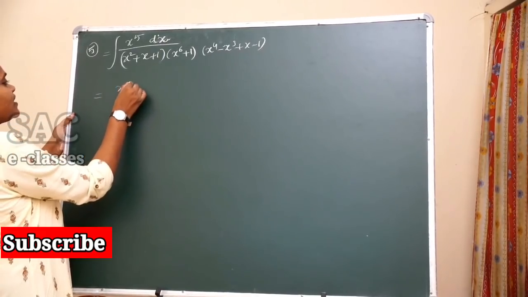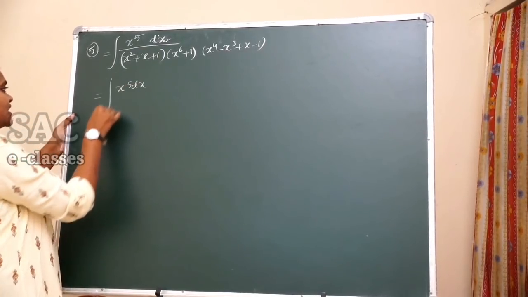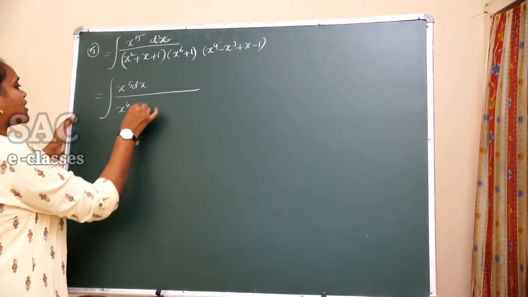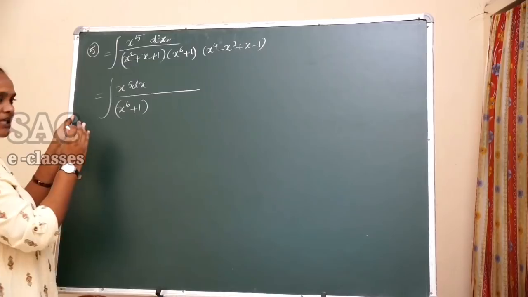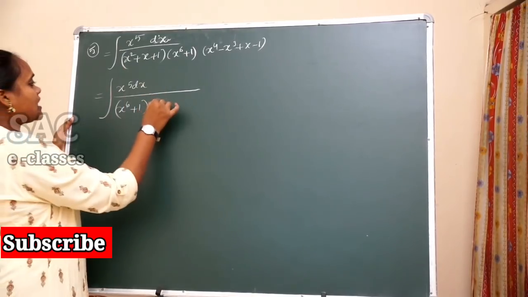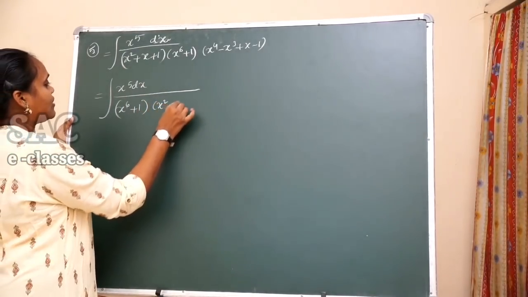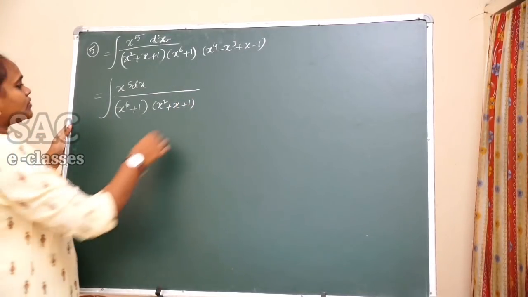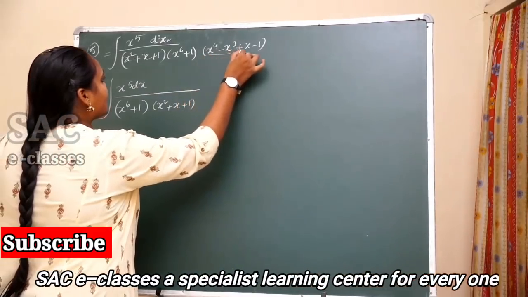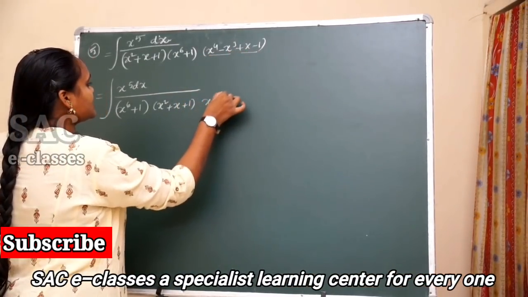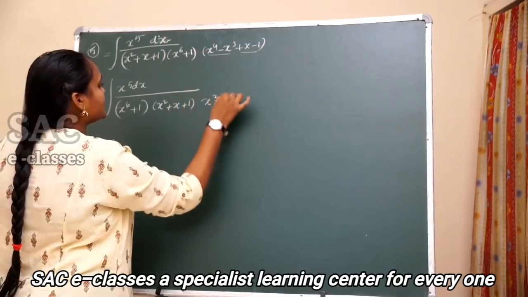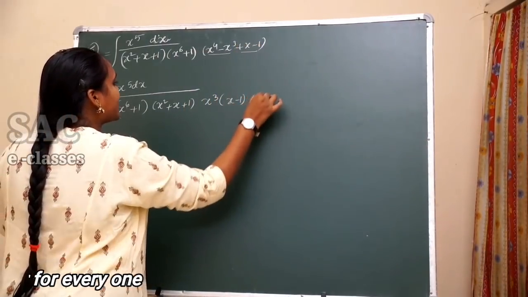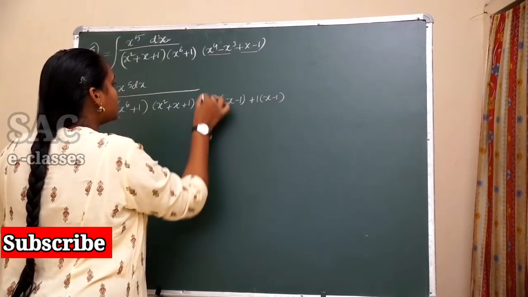So x power 5 dx I am leaving like that, keeping aside. x power 6 plus 1 also I am keeping like that for a while. I cannot factorize x square plus x plus 1, as we know. So the factorization is: x cube I am taking common from this, so you may get x minus 1, plus 1 is getting common from the remaining.